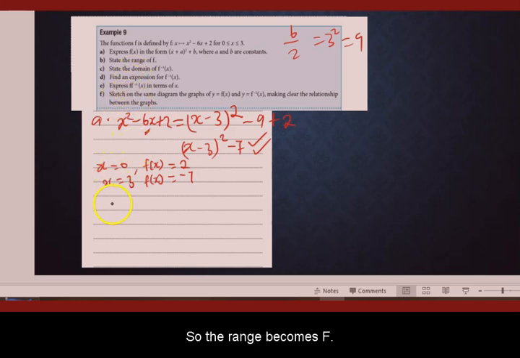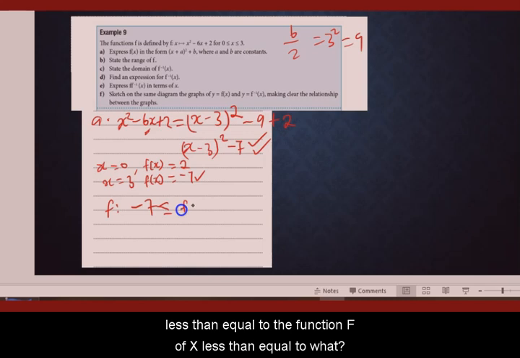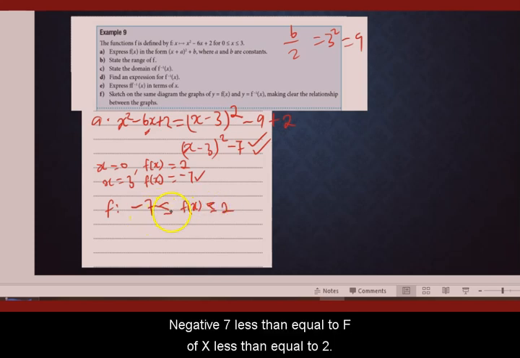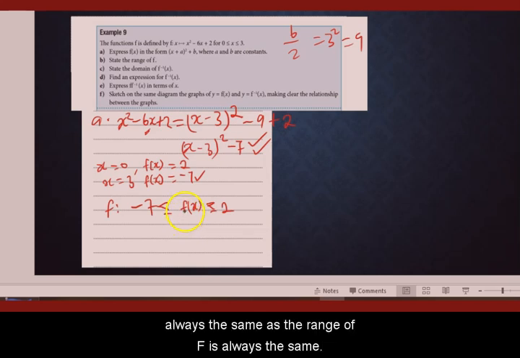So the range becomes negative 7 less than or equal to f of x, less than or equal to 2. This is the range. Now, the domain of f inverse is always the same as the range of f. It is always the same.